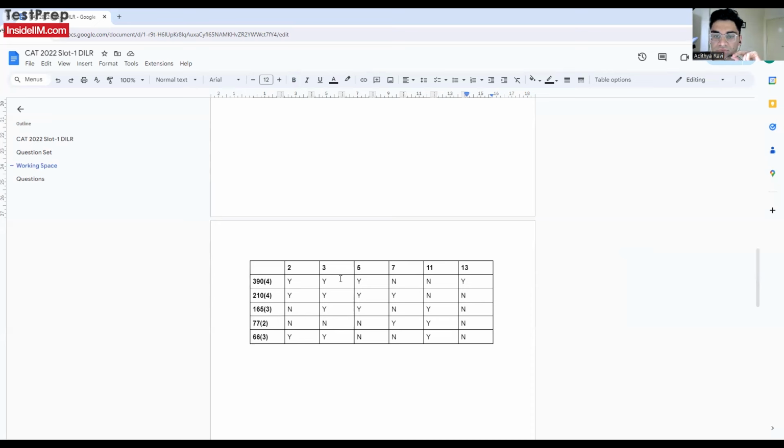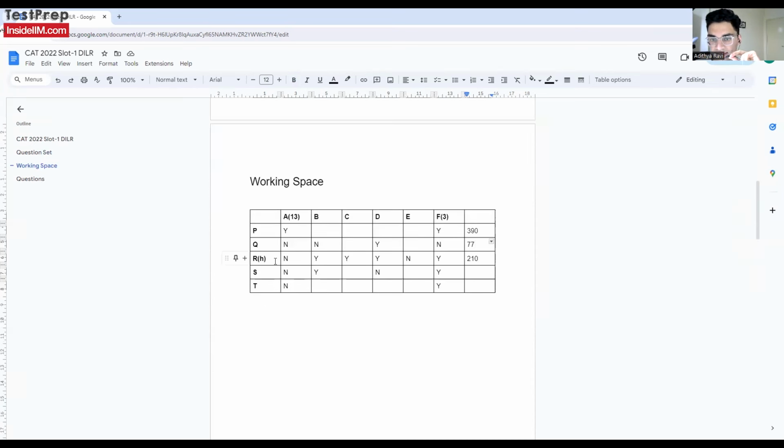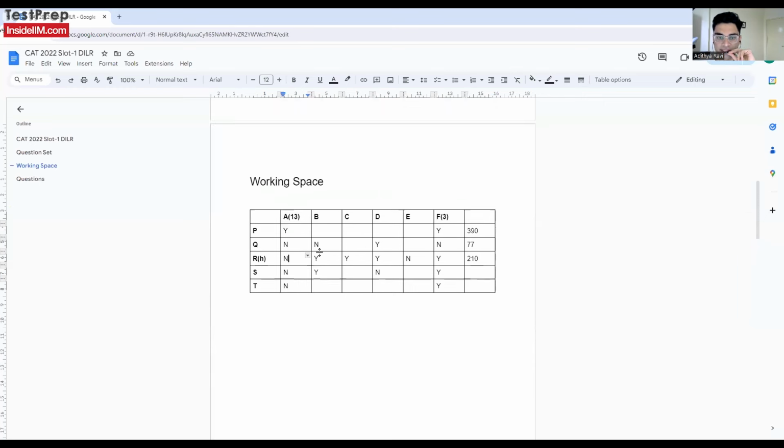One thing I found out almost immediately was when you look at R's funding. R has received funding from B, C, D, and F. We know that the value of F has to be 3. We do not know the values of B, C, and D, but the thing that could be a hint for us is that she has been rejected by both A and E. And we know for a fact that the value of A is 13.